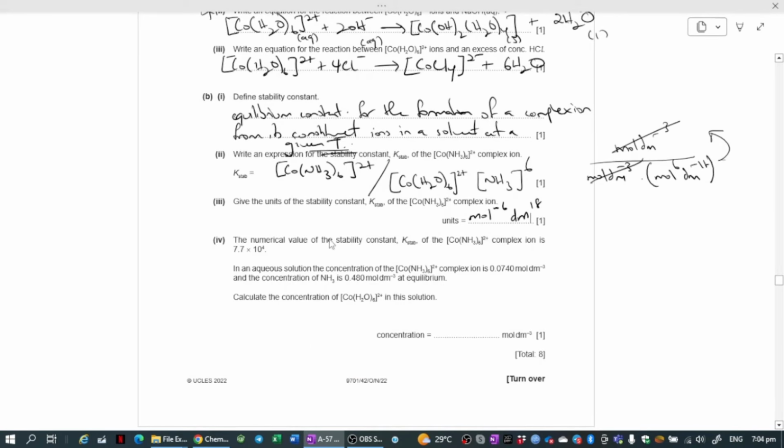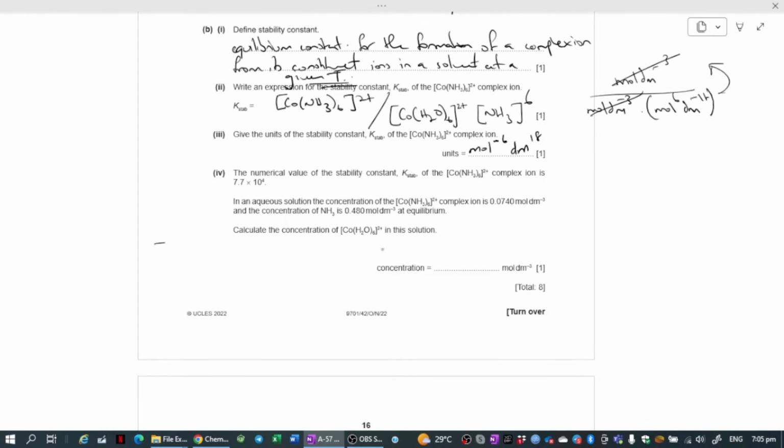Then we are told the numerical value of the stability constant of the complex is this, 7.7 by 10 to the 4. In an aqueous solution, the concentration of the ammonia complex is that, and the concentration of ammonia is that at equilibrium. Calculate the concentration of the water complex in the solution. It's just a matter of making the water complex the subject of the formula.